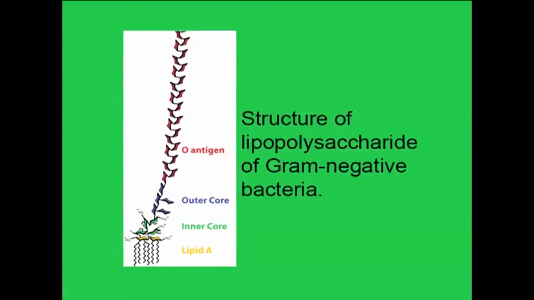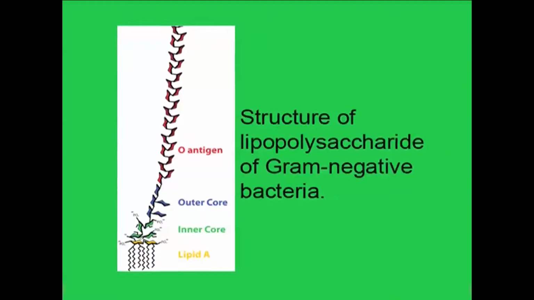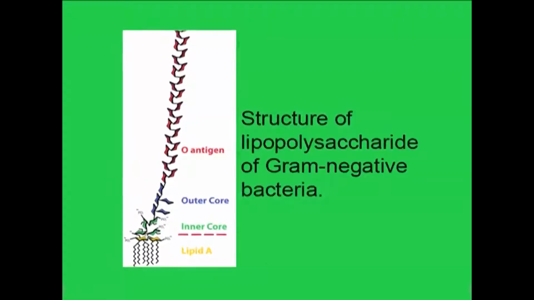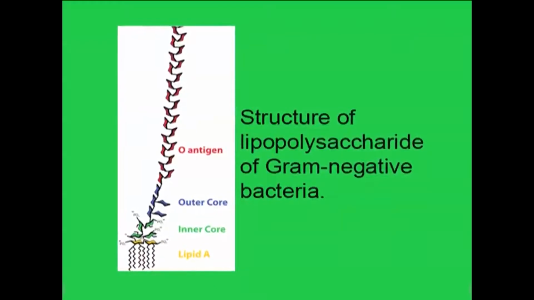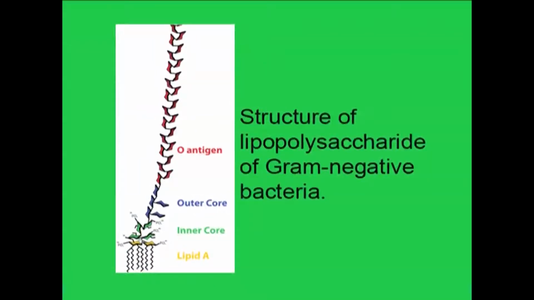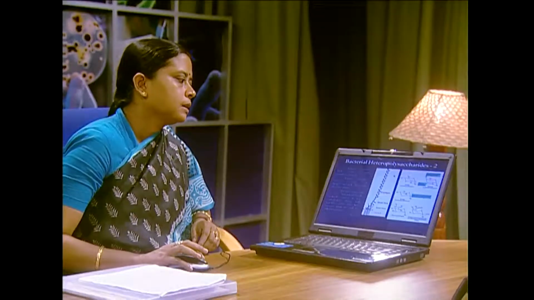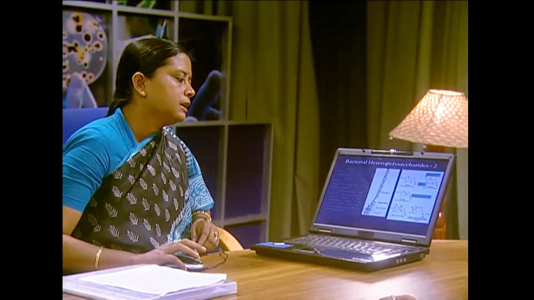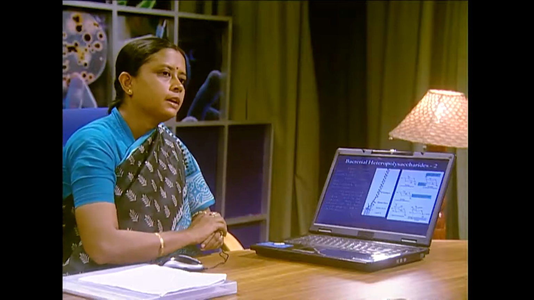The LPS layer has lipid molecules, and a polysaccharide is associated with this lipid molecule. The polysaccharide has 3 zones: inner core, outer core and the O antigen. These polysaccharides project outwards from the cell and are linked to the lipid, that is lipid A, and this entire structure forms the lipopolysaccharide layer.